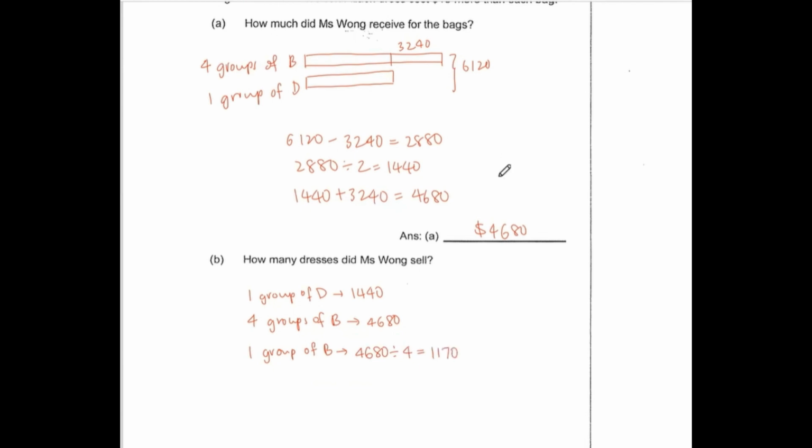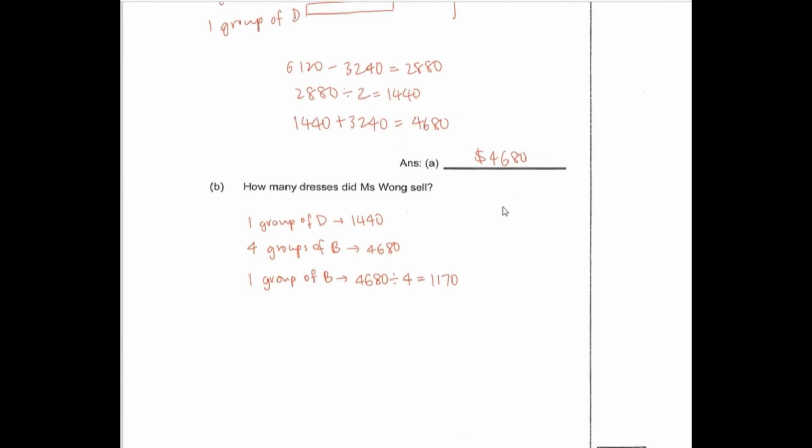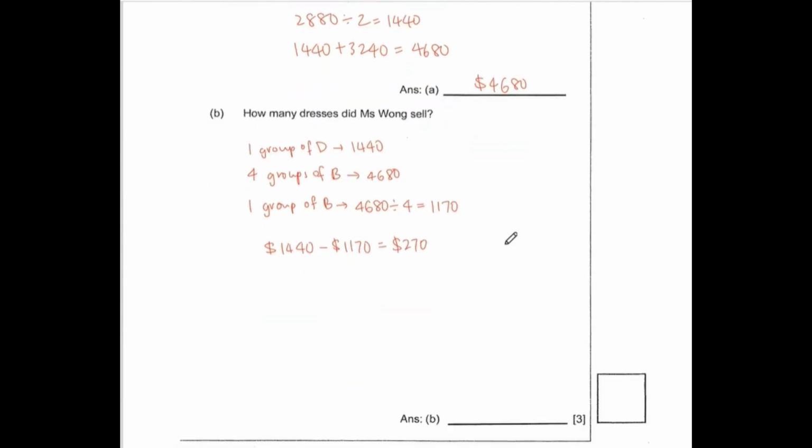Now let's compare 1 group of bags versus 1 group of dresses. 1440 minus 1170, which is $270. Now imagine 1 group of dresses. This is 1 group.